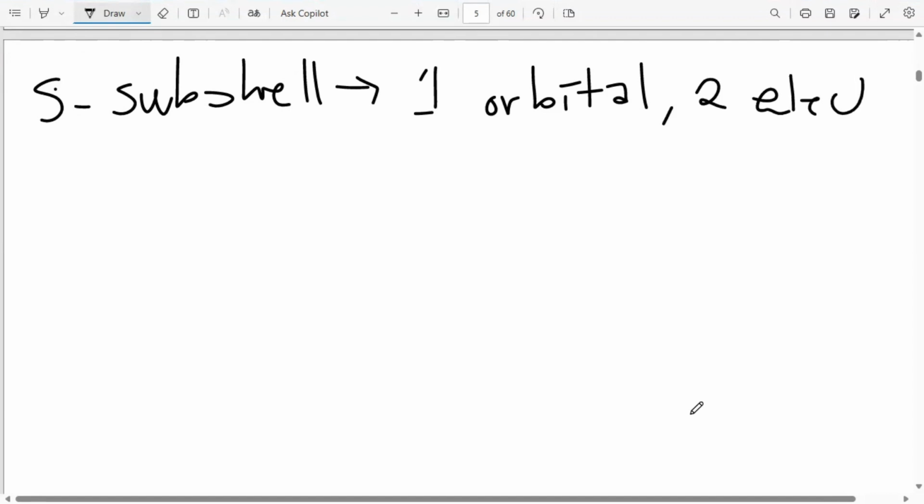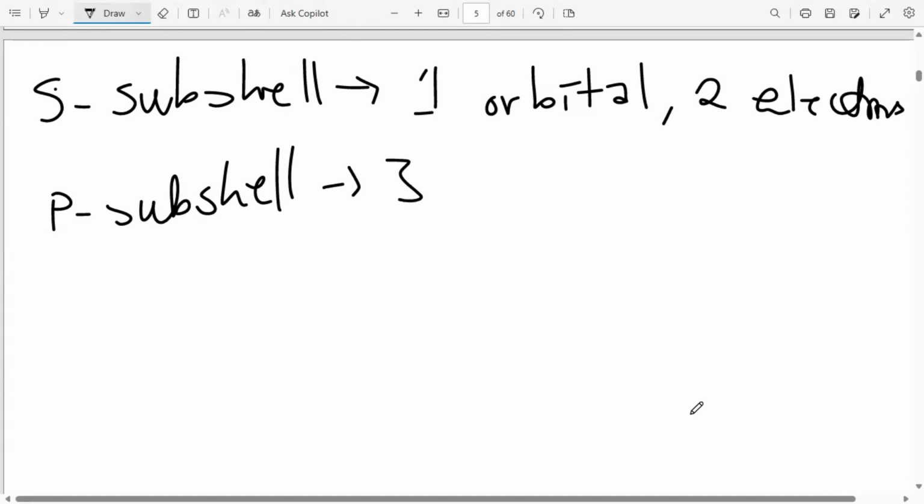So the electrons I'm putting here are the maximum number of electrons. Then we have the P subshell, and this one contains 3 orbitals, and it can have a maximum of 6 electrons.